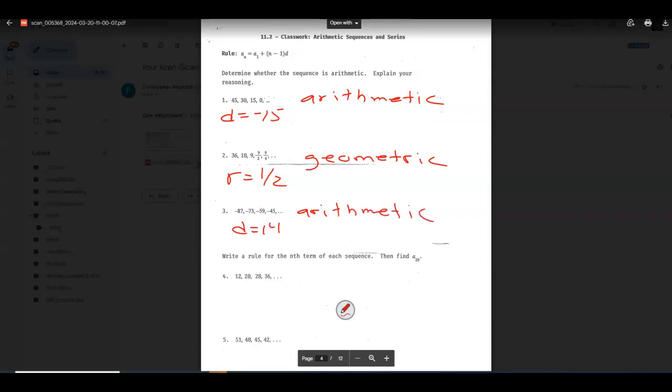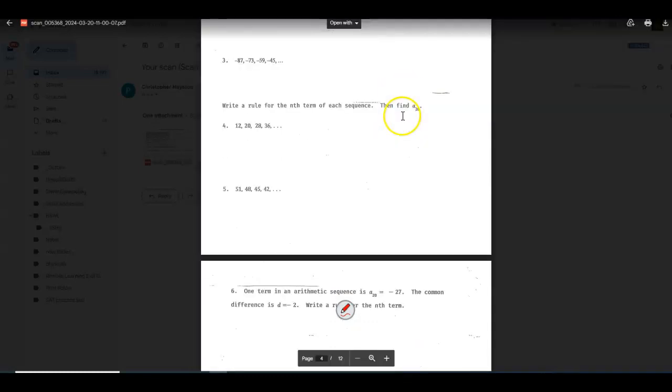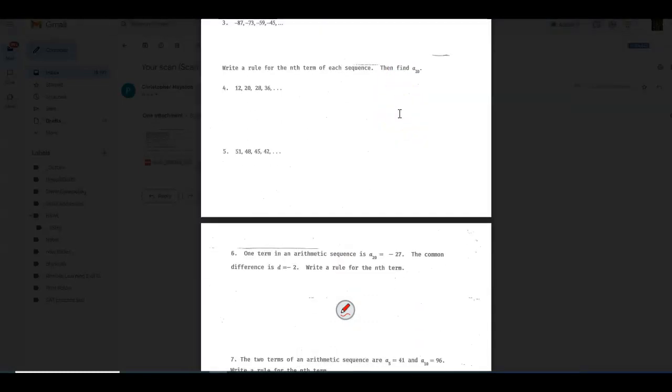Now they want you to come up with the rule. My a_1 is 12, and my d is 8.